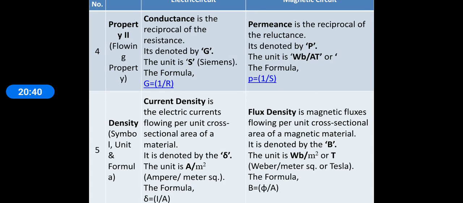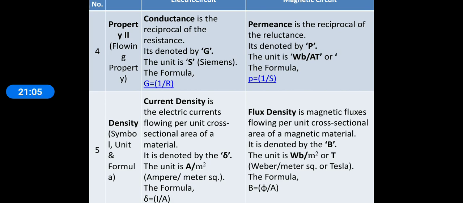It is denoted by delta. The unit is ampere per meter square, and the formula is delta equal to I upon A, where I means current and A means cross sectional area.